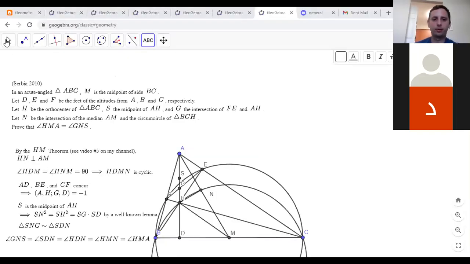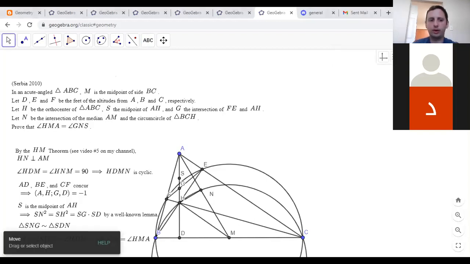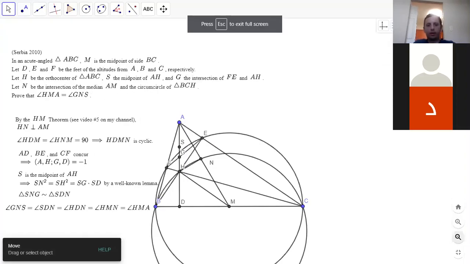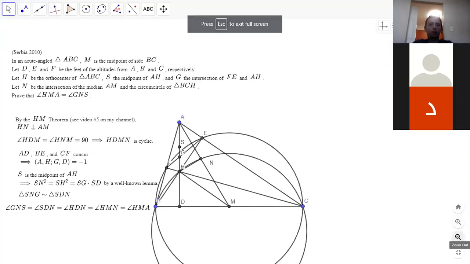So do you have another solution to this problem? Maybe we didn't need projective geometry. Maybe there was a way to do it without that. Do you have another solution?